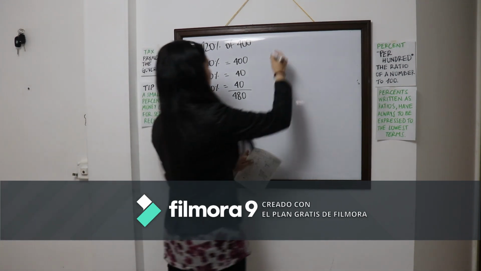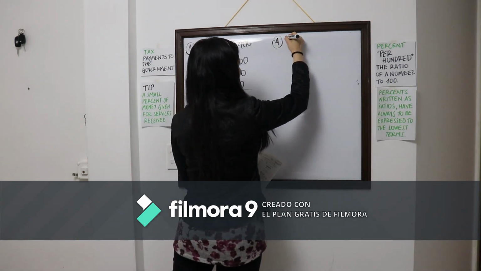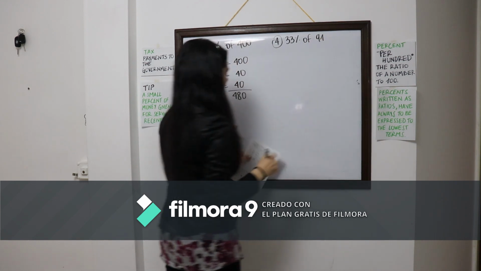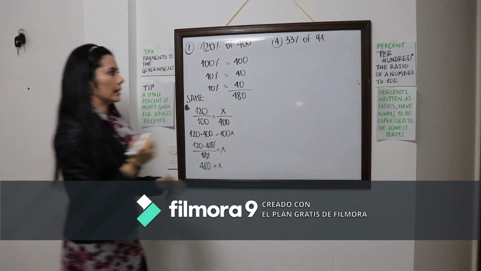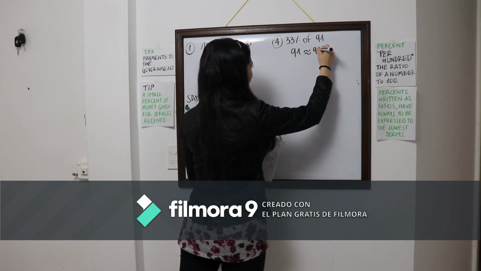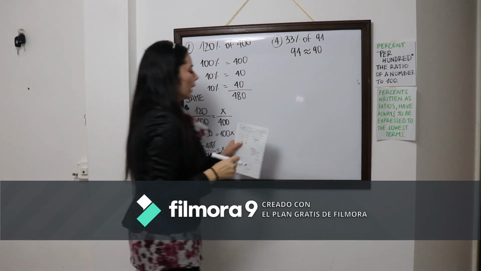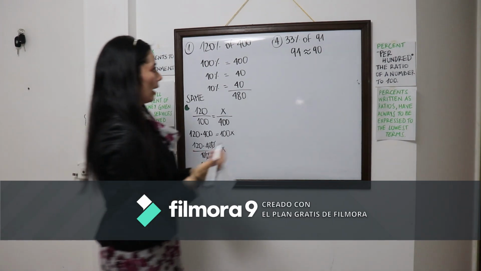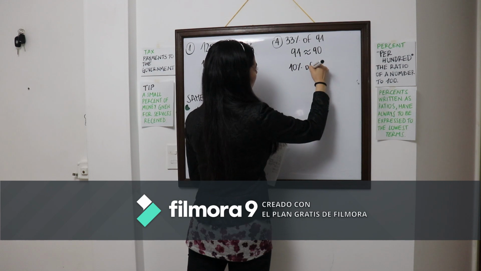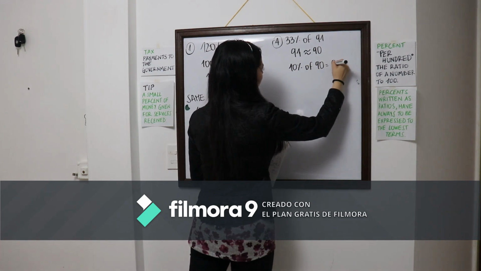Now I also chose number 4. Number 4 is 33% of 91. In my case, what I did is that I rounded 91 to 90. And then I got 10% of 90, which is 9, of course.